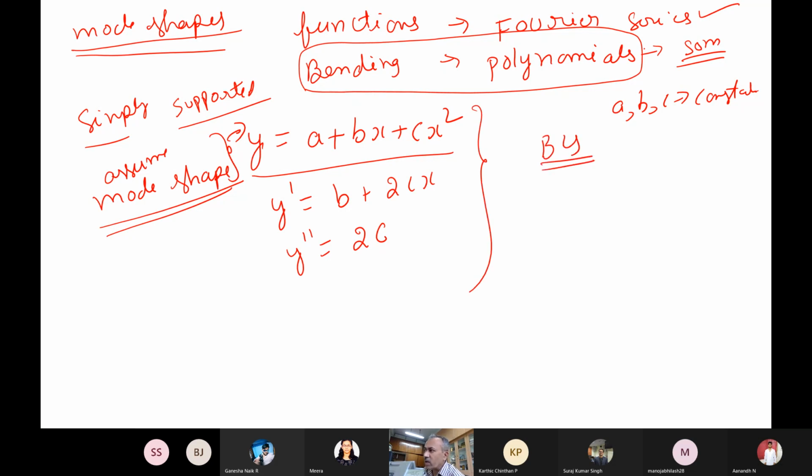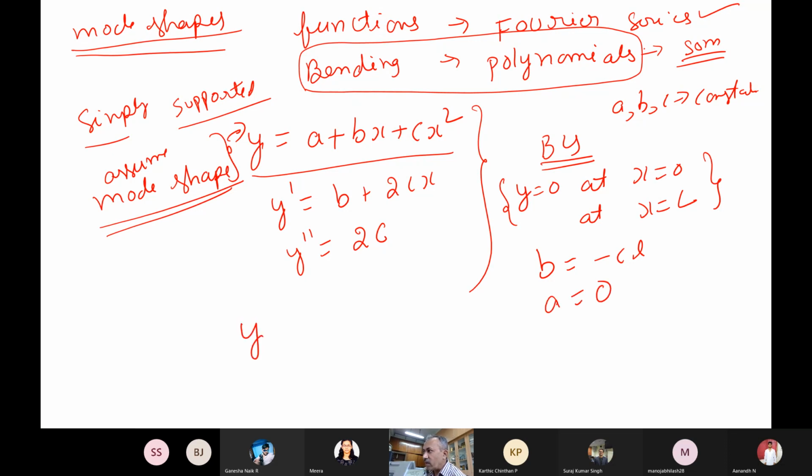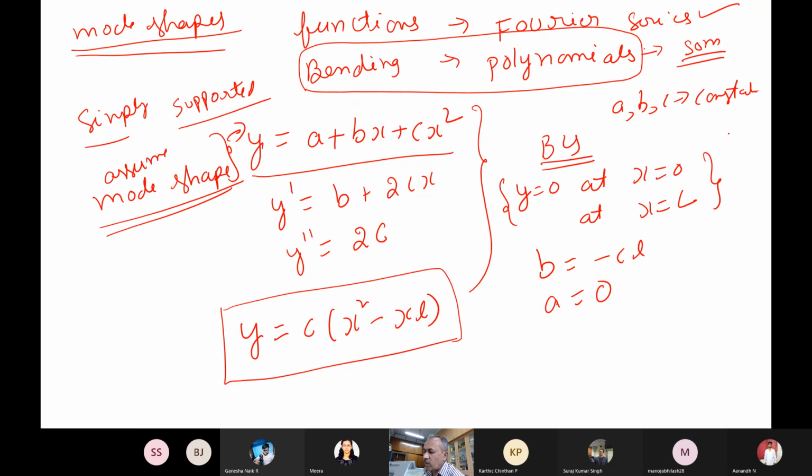Because it is a simply supported column, the deflection has to be 0 at x equal to 0 and at x equal to L. So we enforce these boundary conditions. I will get b equal to minus cL and a equal to 0. So my mode shape will be c into x square minus xL.